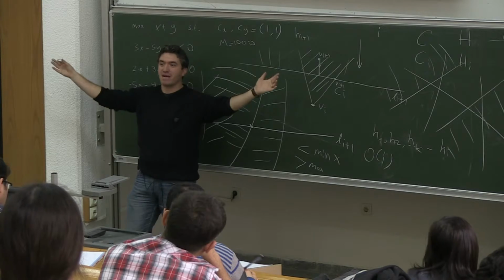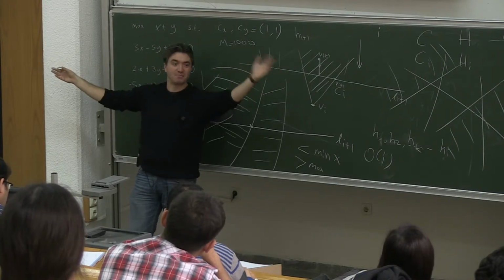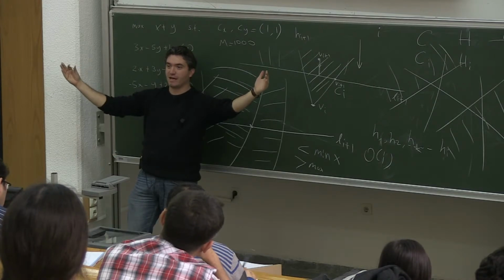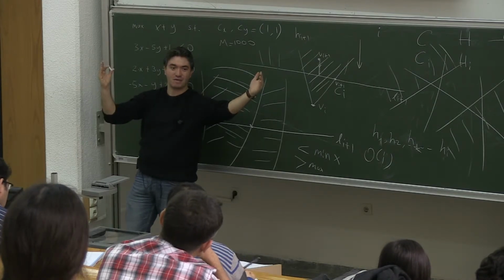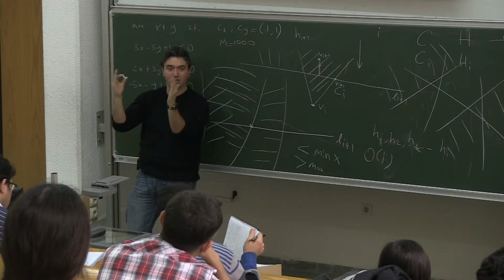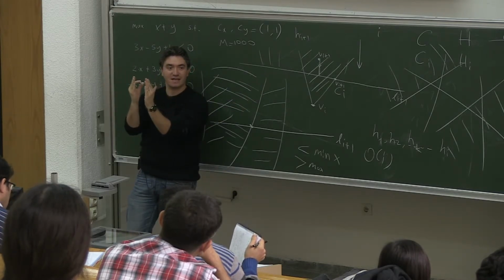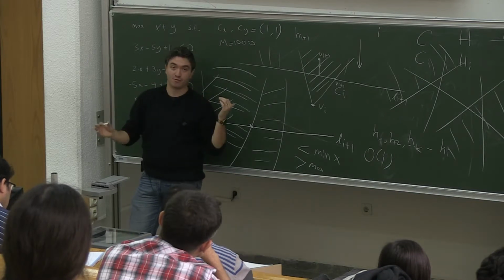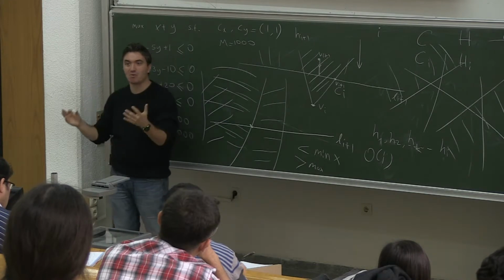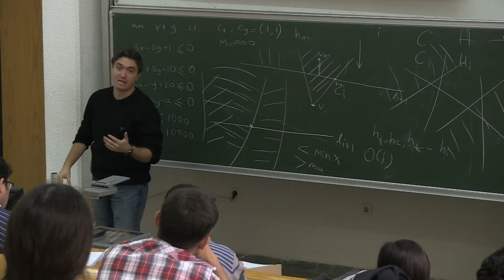Initially, minimum x and maximum x are minus infinity and plus infinity. After adding each of these lines, it's going to shrink. It's going to be maybe from minus infinity to 0, maybe plus infinity to 100. It's going to continue shrinking like this. For some half lines it may not shrink, it may stay the same, but it's monotonically non-increasing.